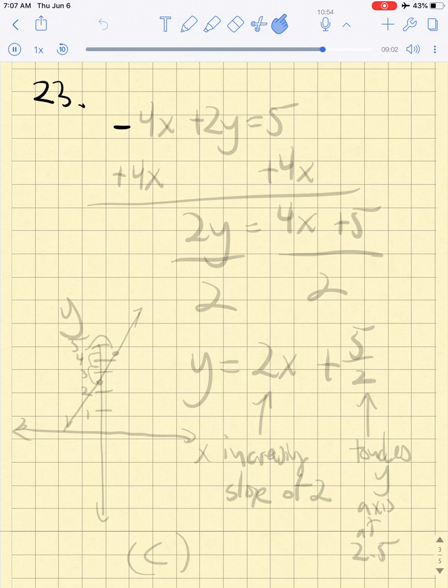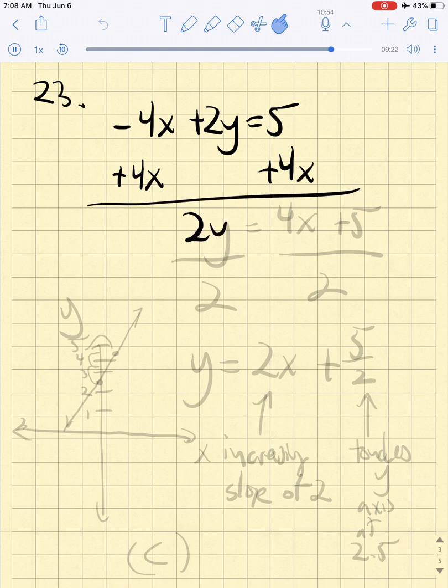You're given, this will be the last one for this video, -4x plus 2y equals 5. So when you get this problem and you're trying to figure out which of the 4 graphs, do not guess. Solve for y. Add 4x to both sides. Now we have 2y equals 4x plus 5. Divide both sides by 2.